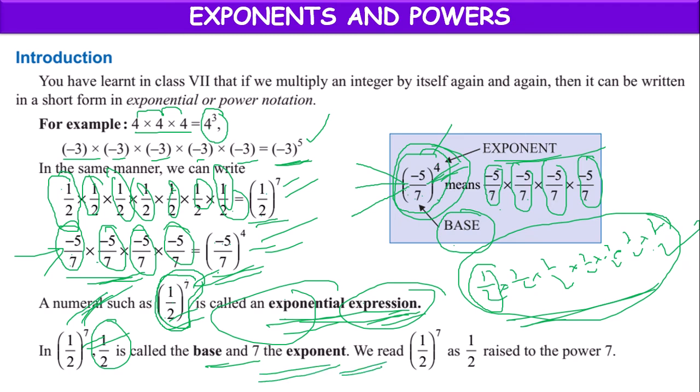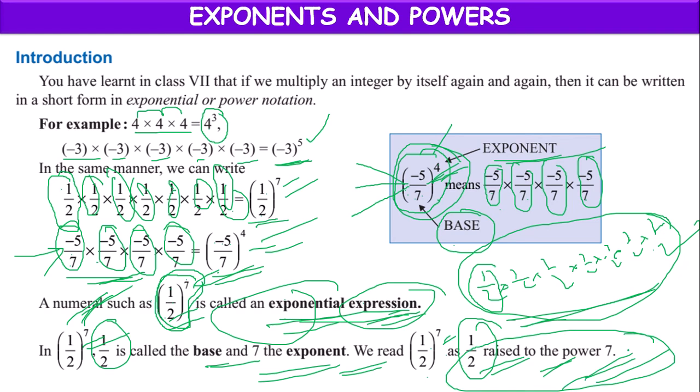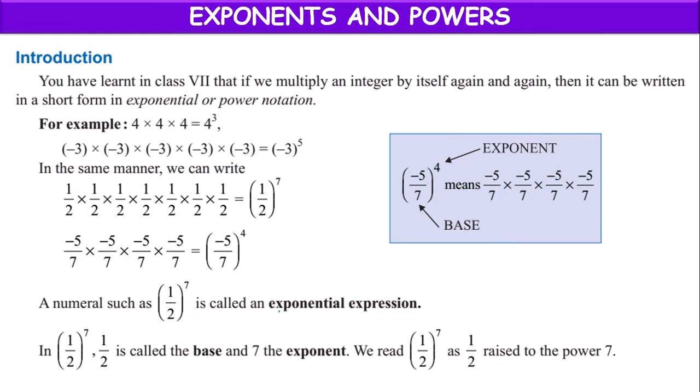We read it as 1 by 2 whole power 7, or 1 by 2 raised to the power of 7. Like that we read an exponential expression. Here, minus 5 by 7 raised to the power of 4.